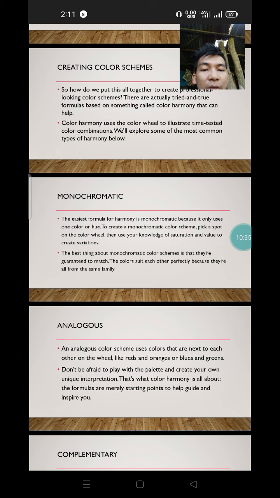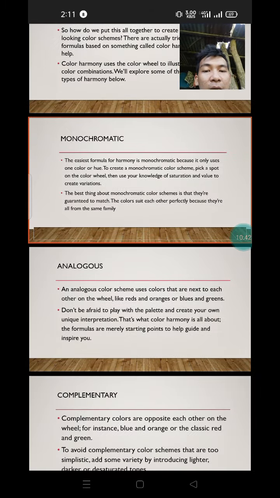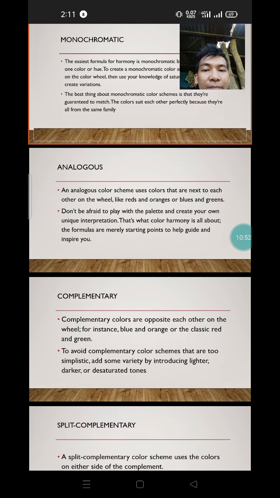The best thing about monochromatic color schemes is that they're guaranteed to match. The colors suit each other perfectly because they're all from the same family.